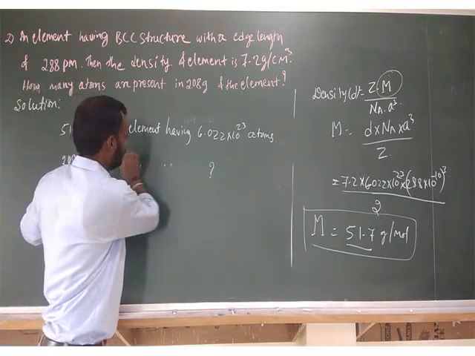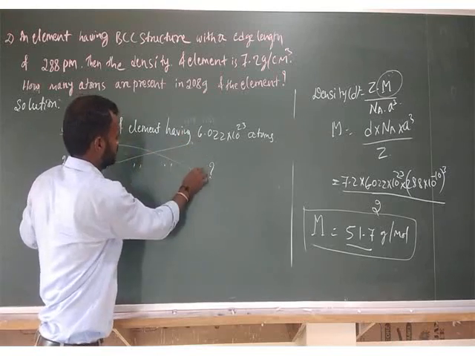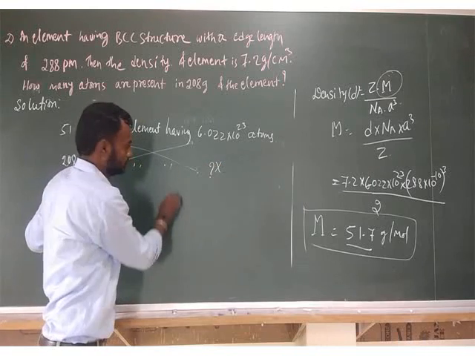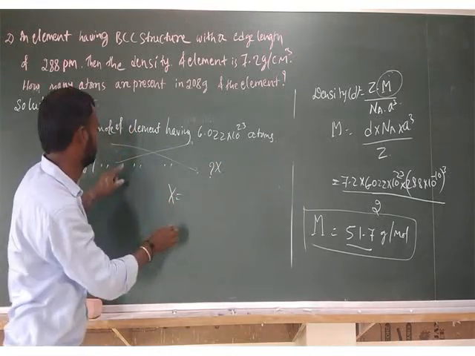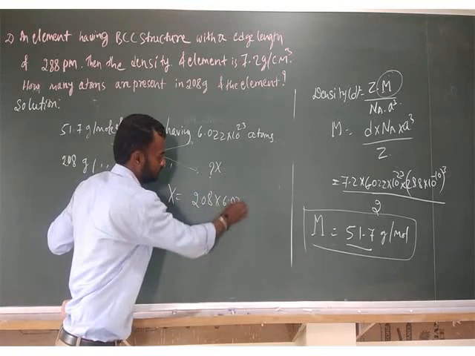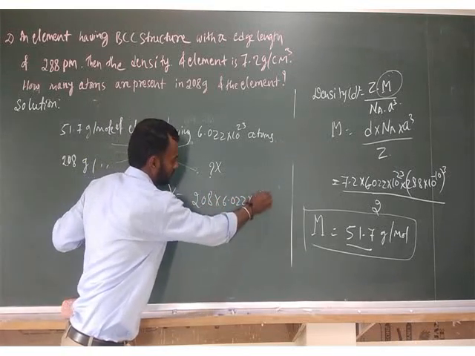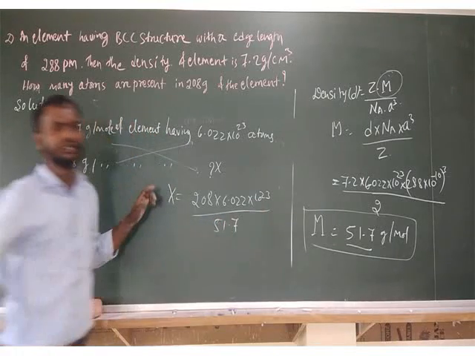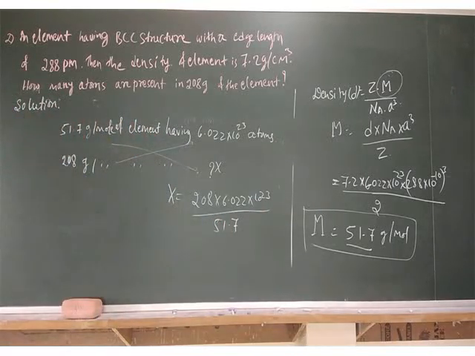So this is by cross multiplication, and this is the x value. So x is equal to 208 into 6.022 into 10 raised to 23, whole divided by 51.7.